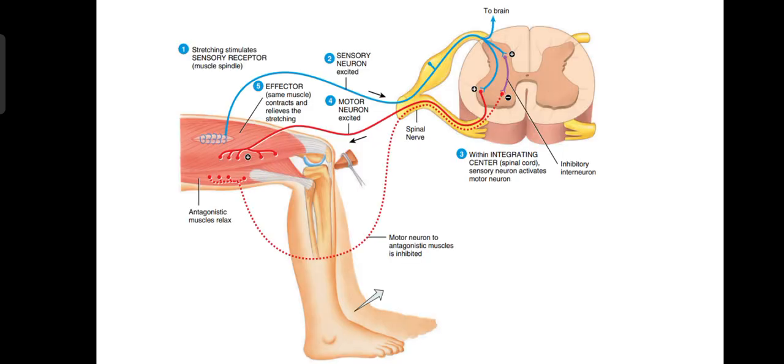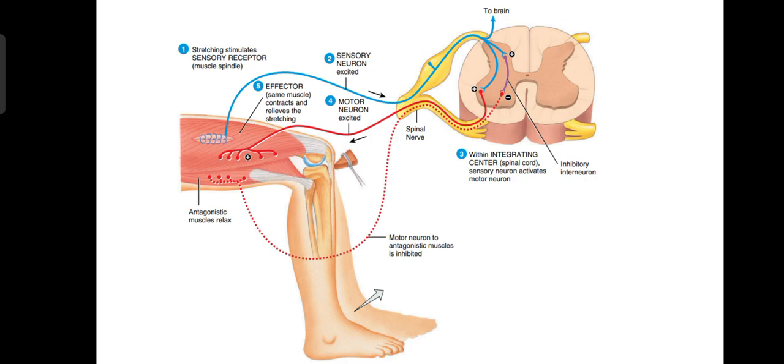One of the simplest neuronal circuits in our body is the stretch reflex. A stretch reflex is composed of a sensory neuron that synapses directly with a motor neuron, so it's a one-to-one synapse.